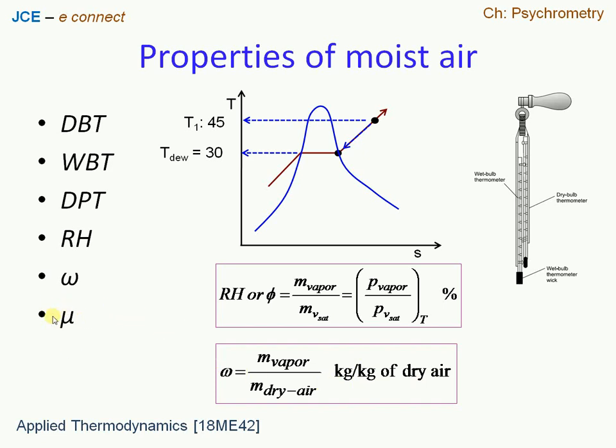The other parameter is saturation ratio or degree of saturation, which is given here as the ratio of actual humidity ratio to the humidity ratio of saturated air at the same temperature and total pressure. The equation is shown here.